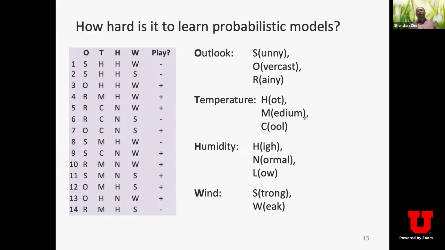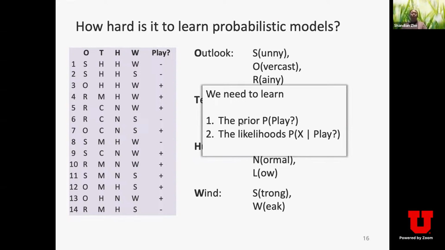So we want to train a probabilistic model which considers both the input feature vector, which has 4 features, and also the binary label. That means we need to learn the prior probability of your label. Here we still have a binary label, so your prior probability is just the probability of 1 or 0.